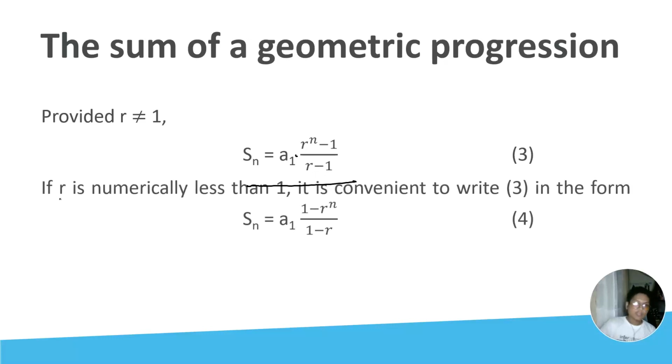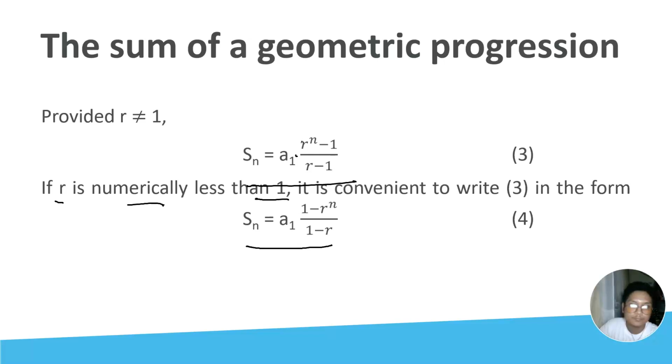Kapag naman ang common ratio natin ay numerically less than 1, mas mainam na ito ang gamitin natin na formula. a sub 1 times 1 minus r raised to n to be divided by 1 minus r.